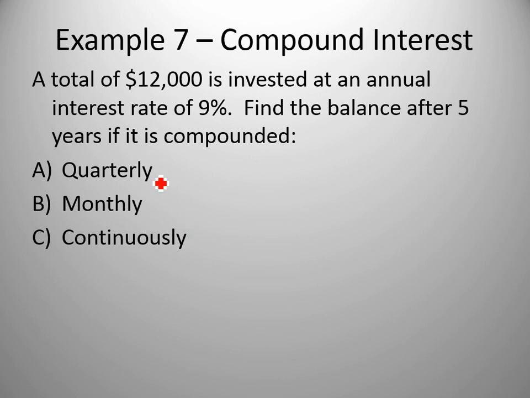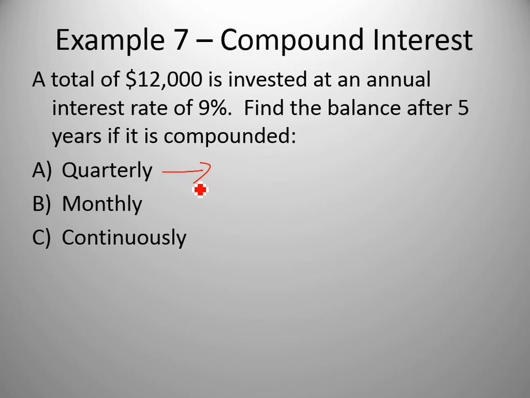If you notice here, the question says a total of $12,000 is invested at an interest rate of 9%, and what's the balance after 5 years? A, B, and C give you some different options as far as how often your interest is compounded.